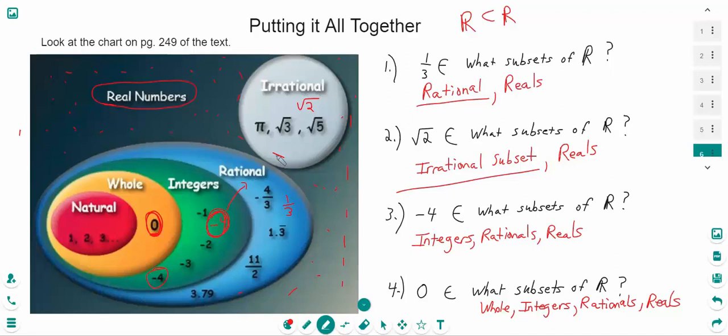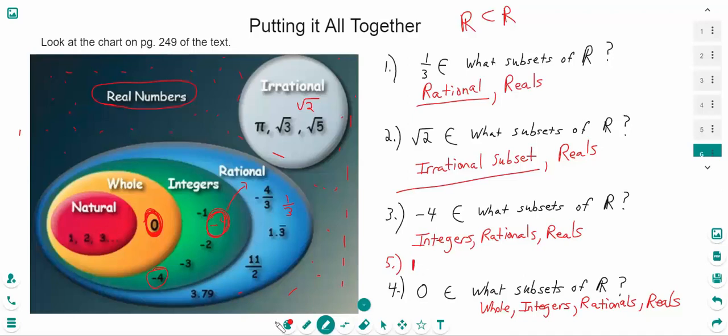All right. So the further that we dig into this chart, in order to work our way back out, we have to pass through everything. So if we find something that's in the wholes, that means it's also in the integers, the rationals, and the reals. If I had said, question 5, what about 1?